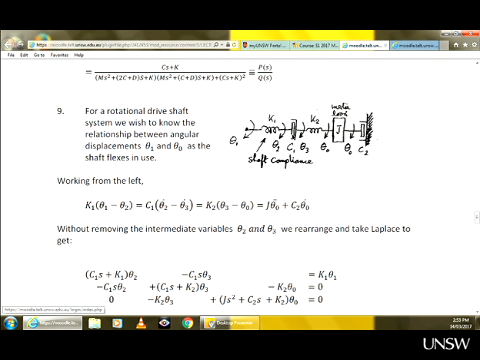Here you have a viscous damper, but this time it is a rotational viscous damper. On the other side of the viscous damper, angular displacement θ3. Another spring, different stiffness K2. Let's call this θO. Here you have a disk. Disk has its own inertia.